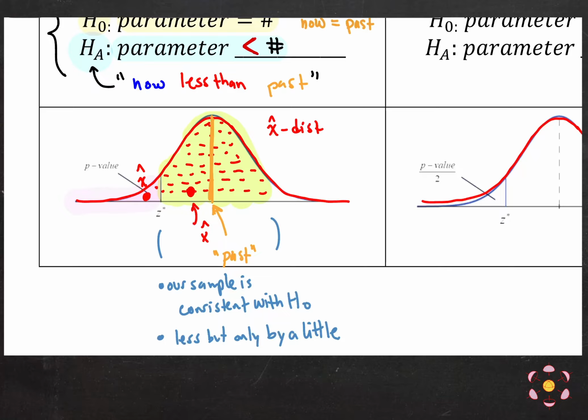So if we have our sample from this side, this is when we say there is evidence that our parameter is less.